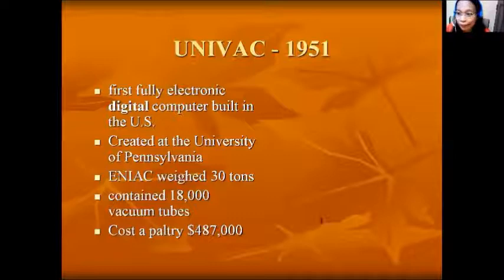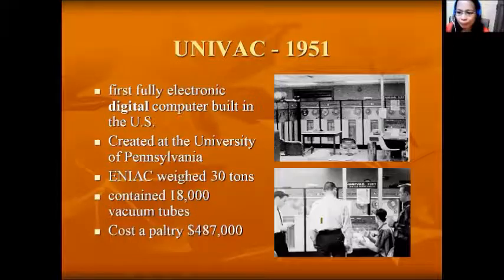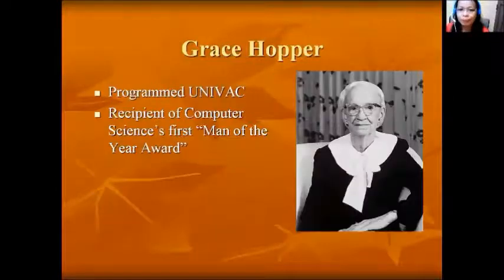It's too expensive. So that's how Univac looks like. See the big machines, okay? So this is Grace Hopper, who programmed Univac, recipient of the Computer Science First Man of the Year Award.